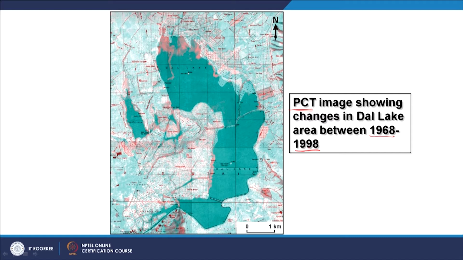There are a few points one can interpret very easily. In the northern part of this Dal Lake, as you can see here, a lot of red areas are appearing. These red areas show the changes that occurred between 1968 and 1998 in terms of growth of vegetation. As you know, Dal Lake is quite shallow, with an average depth of about 1.1 meter.